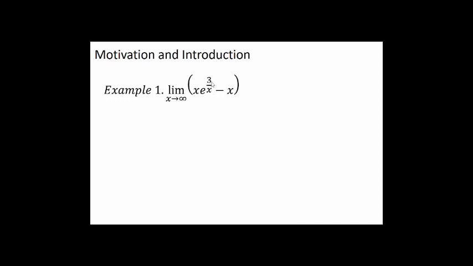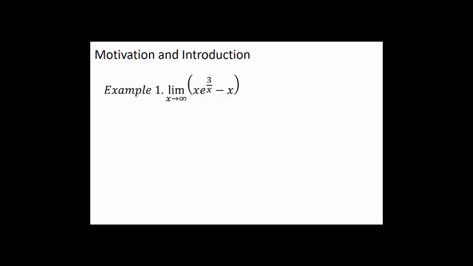So e to the 0 is 1. And then infinity minus infinity is undefined, but not in the form of L'Hopital rule. L'Hopital rule should have either 0 over 0 form or infinity over infinity form. So we need to somehow do some algebraic work on this and convert this one to the right form.